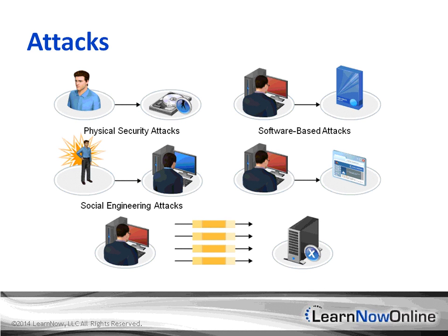Software-based attacks exploit vulnerabilities in the software, bugs in operating systems, bugs in programs. Web application-based attacks can be inputting wrong information or code directly into forms, trying to crash the web server, cause a denial of service, or even get access to information that I shouldn't be able to see from the web application.